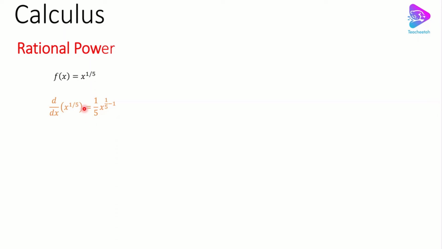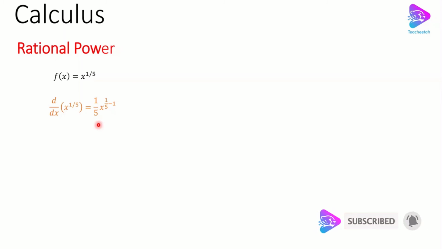The power is going to be at the front of this function, so it's going to be 1 over 5, and for the power we just need to reduce it by 1, so it's going to be 1 over 5 minus 1. The answer is 1 over 5 times x to the power of minus 4 over 5. So we just reduce the power by 1, and we brought the power to the front of the variable.